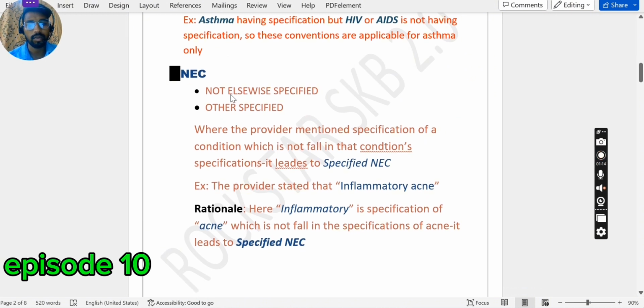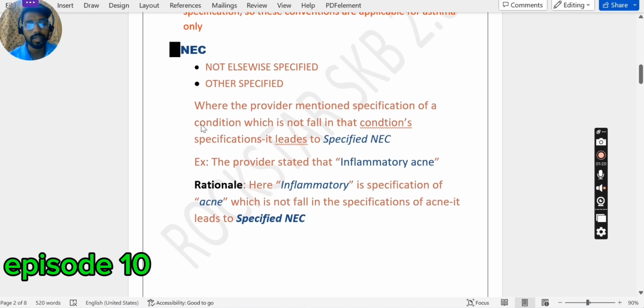NEC abbreviation is not elsewhere specified or classified. The other name is other specified. For example, where the provider mentioned a specification of the condition which does not fall in the conditions specification, it leads to specified NEC.